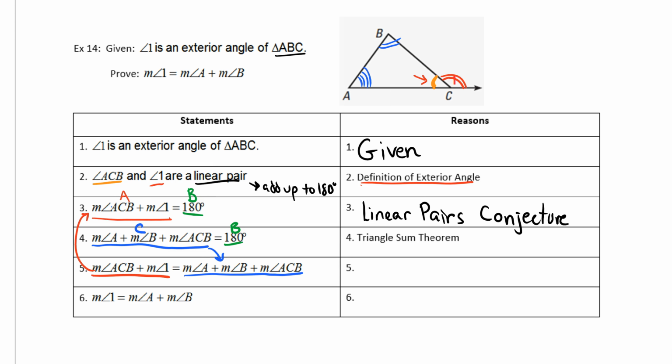How A here is equal to B, and B is equal to C, so that means that A must equal C. So if anyone can remember that property, give you a second, think about it.